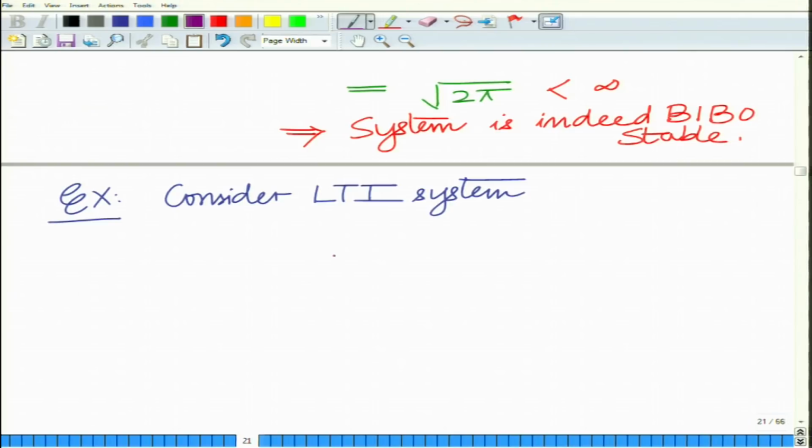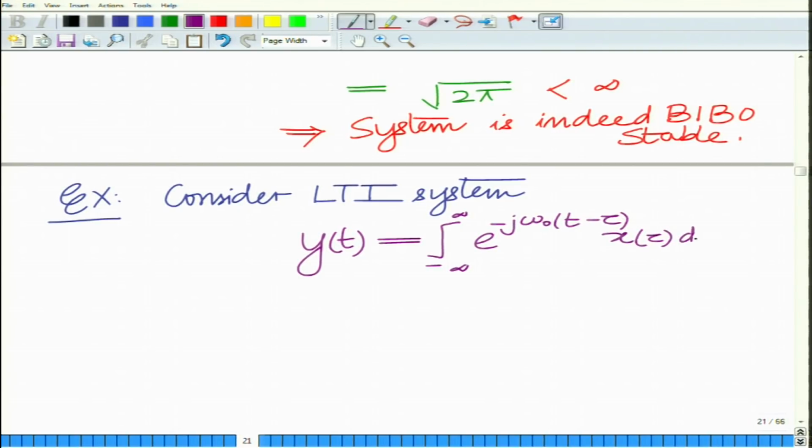Consider the LTI system where the output y of t equals the integral from minus infinity to infinity of e to the power of minus j omega naught (t minus tau) x of tau d tau.